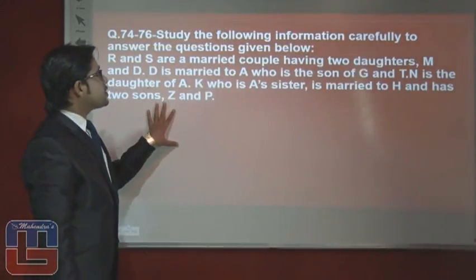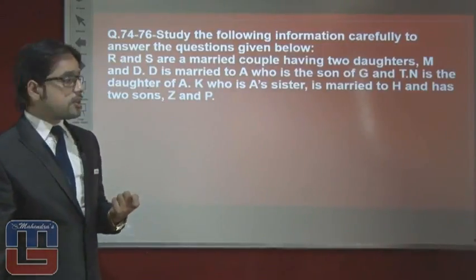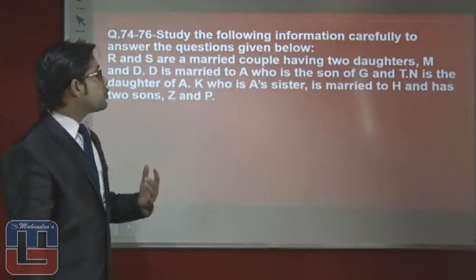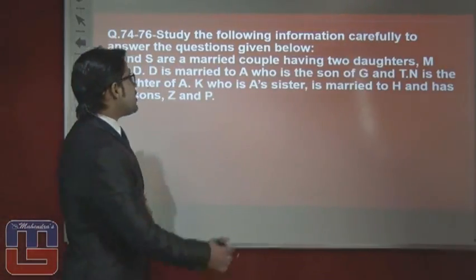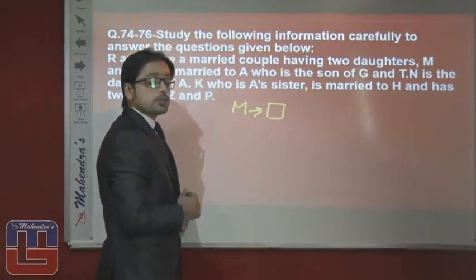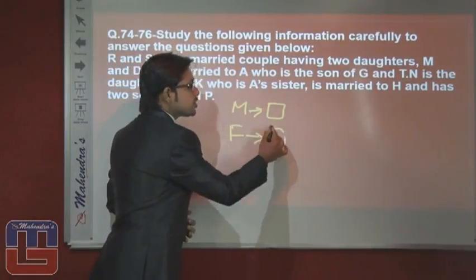Now you can see this question is based on blood relation. There are some key factors you can mention and correlate in your exam while you are answering, on how to solve blood relation questions. If any male member is there, then correlate it with a square box. If any female member is there, then correlate it with a circle.